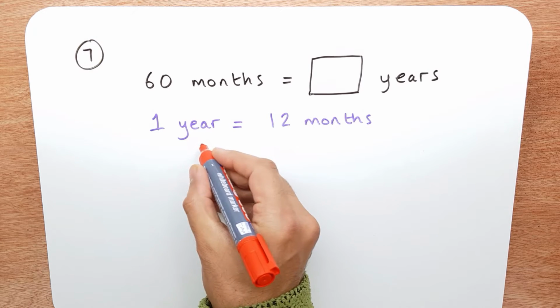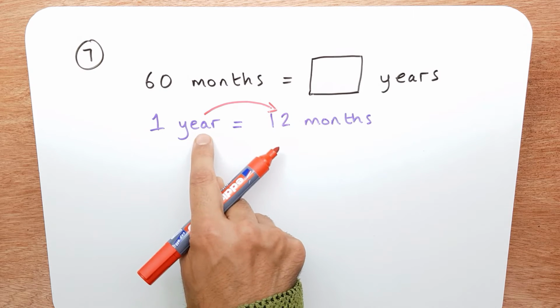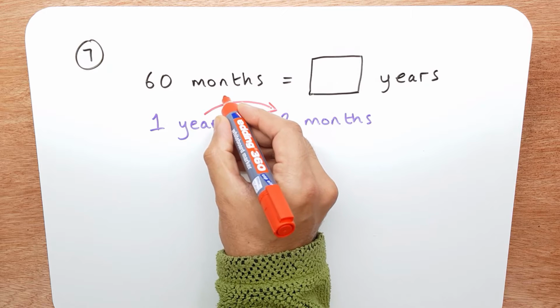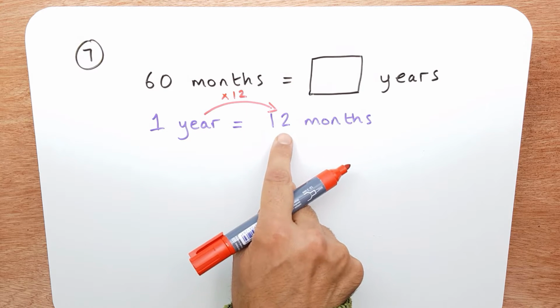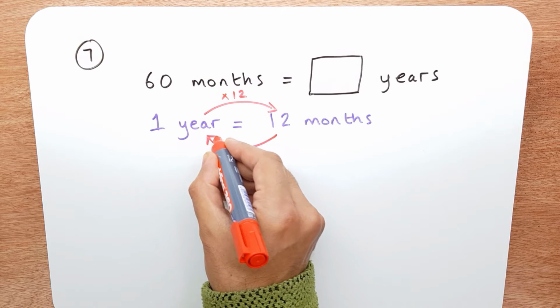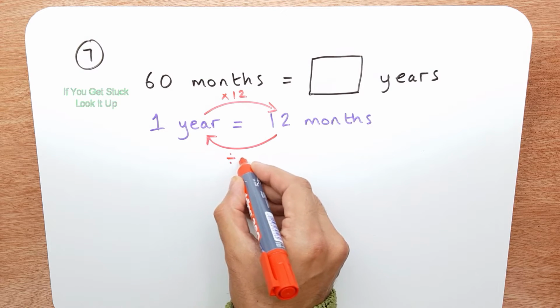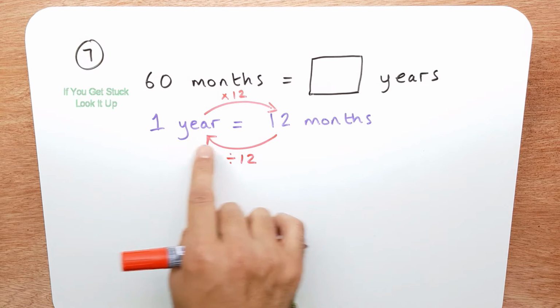So remember this, if I'm going from a year to find months, I multiply by 12. And if I'm going from months to a year, I do the opposite, which is divide by 12. And I want to go from months to years.